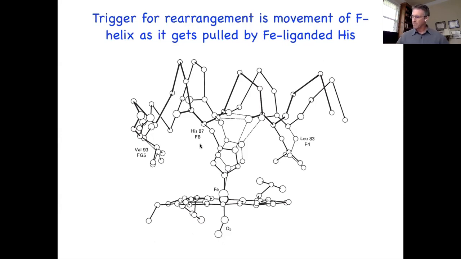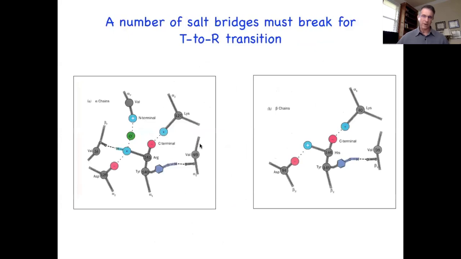Okay, so let's get a look at those interactions, right? So this is the set of interactions at the alpha 1, beta 2 interface. There are a few other places, but this is a big part of it. Basically, there are a set of salt bridging interactions and a set of hydrogen bonds, right, that are critical for stabilizing the T state of hemoglobin, the deoxy state of hemoglobin, right?